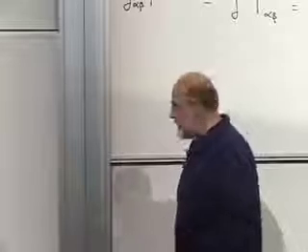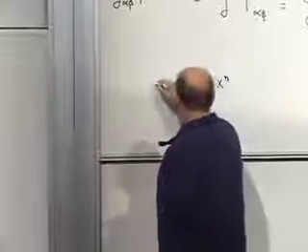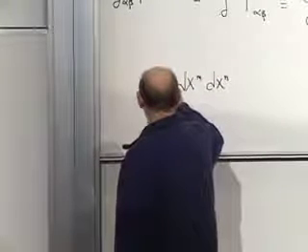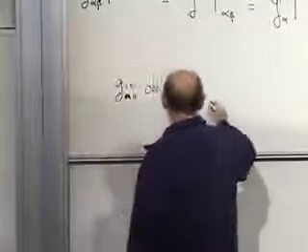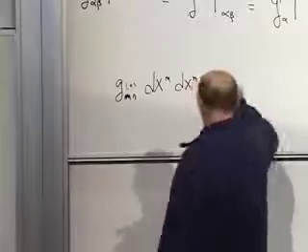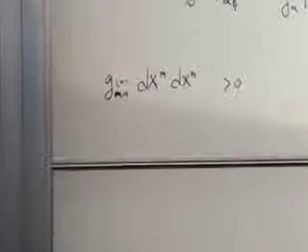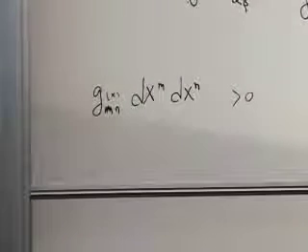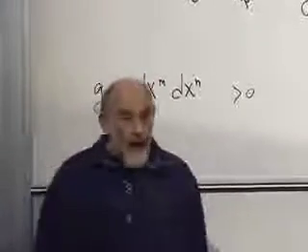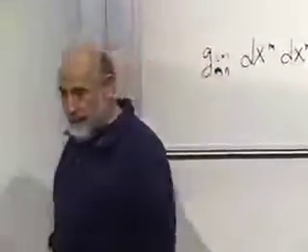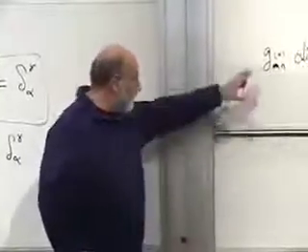Mu and nu will be reserved for space-time. dx^m dx^n g_mn(x) must always be greater than 0, strictly greater than 0, as long as the dx's are not zero. The dx's could be small, they don't have to be infinitesimal, just small. Think of them as just small little components of vectors. Every vector has a positive squared length. The square of any vector is always positive, and so this has to be greater than 0.